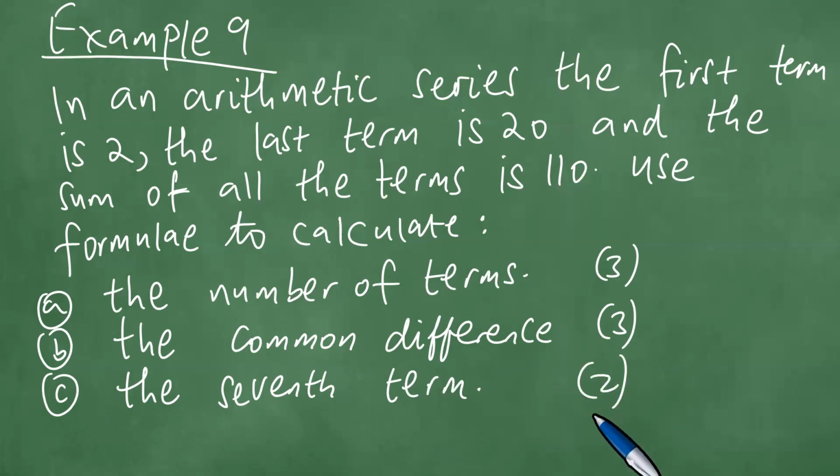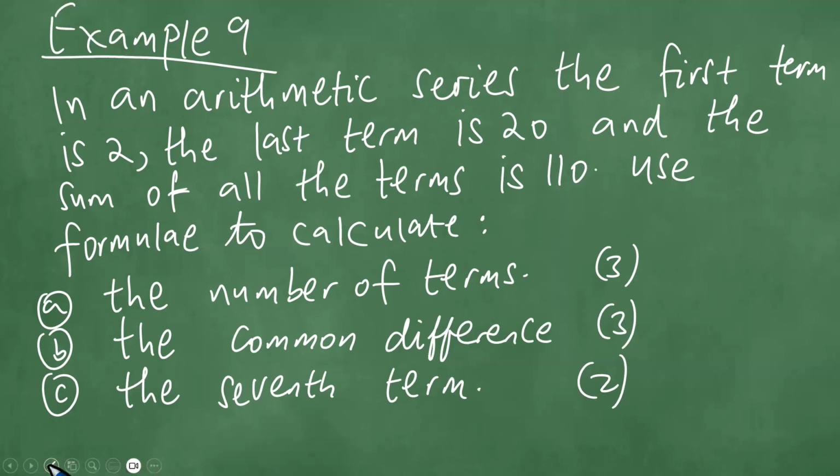Okay, so in an arithmetic series, the first term is 2 and the last term is 20, and the sum of all the terms is 110. Use formulae to calculate the number of terms, the common difference, and the seventh term.